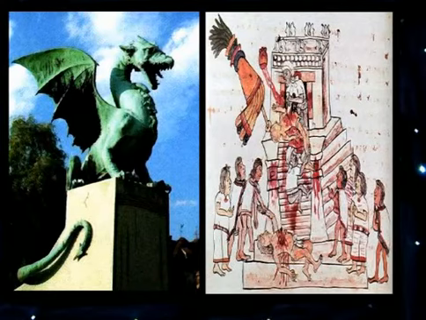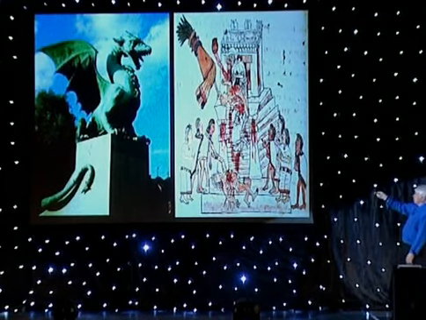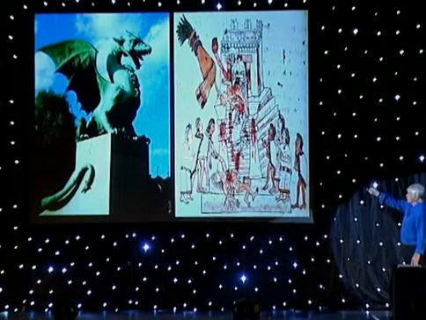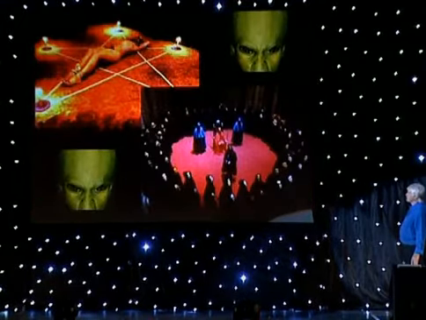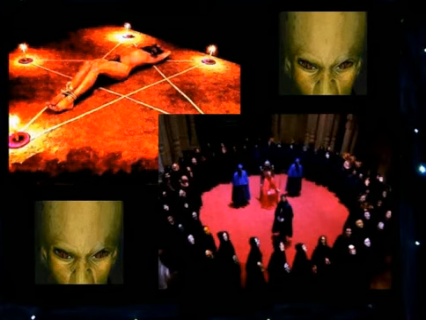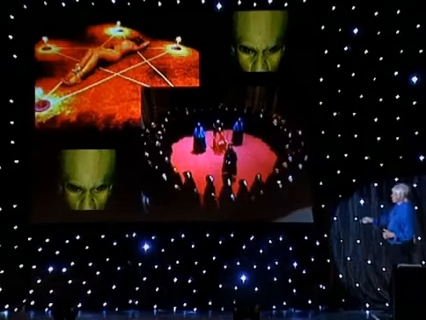This is a dragon in Slovenia, which is from a story there of the dragon demanding that young children be sacrificed for its benefit. And these rituals that they do, this is from the movie Eyes Wide Shut, which was very accurate in the way it portrayed what was going on and what is going on. They use these rituals.